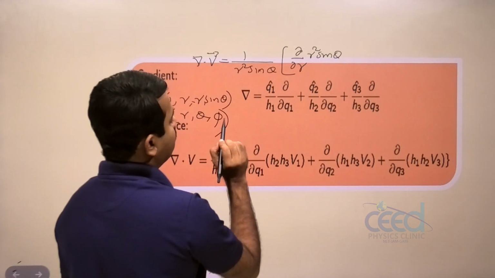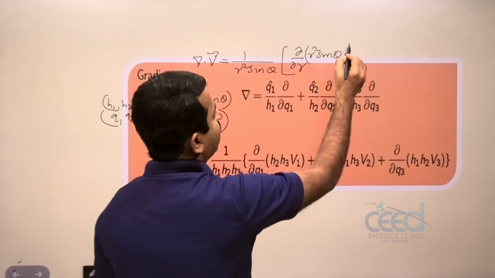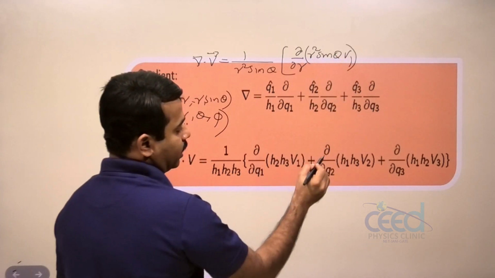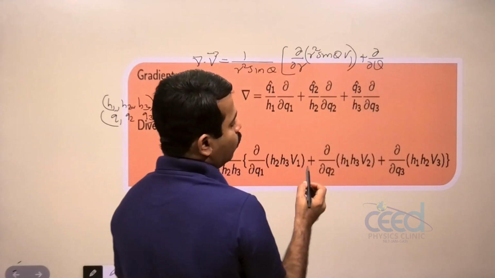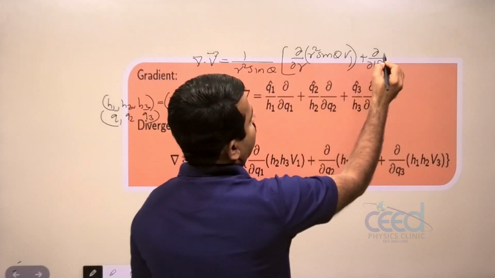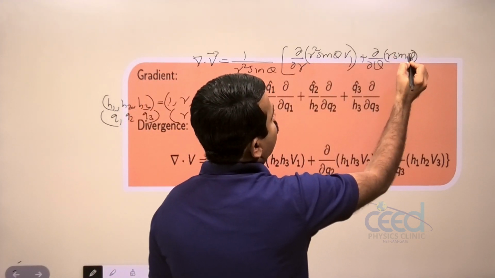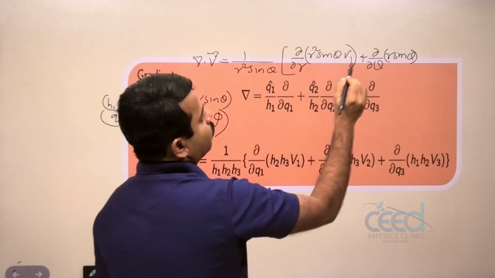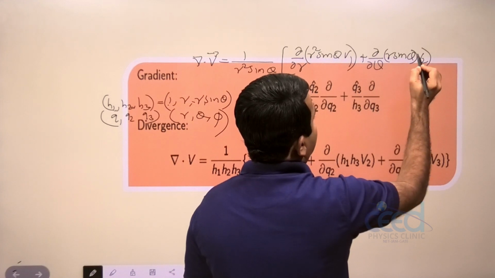Times v1, the function given. Then dou by dou theta of h1 h3, that is 1 into r sin theta, times v2, then the bracket is complete.